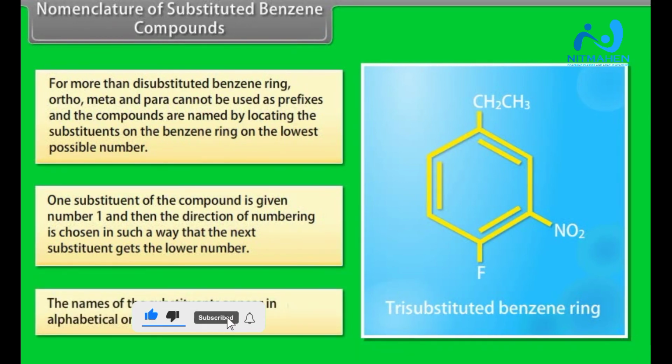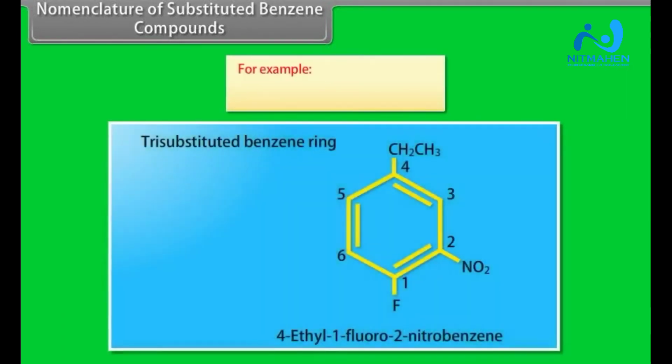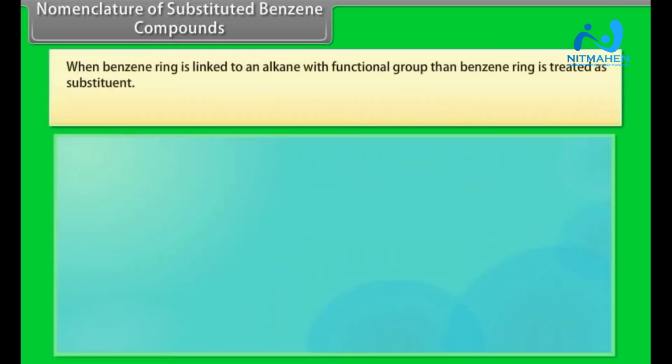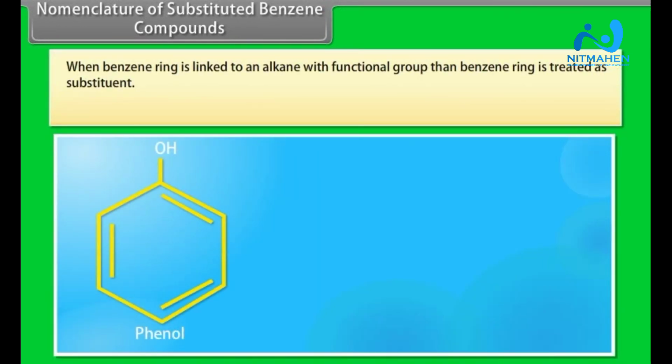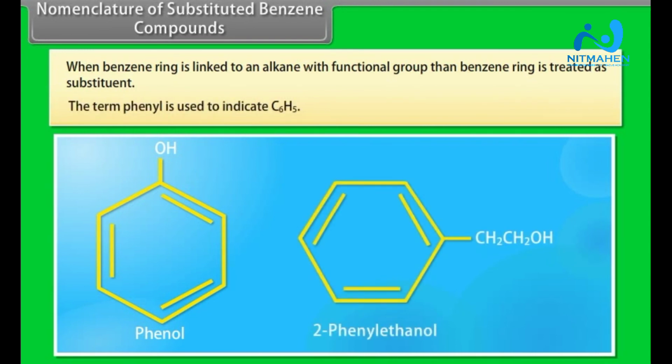The names of the substituents appear in alphabetical order. For example, we assign number 1 to fluorine so that nitro gets 2 and ethyl gets 4. This compound can be named in alphabetical order as 4-ethyl-1-fluoro-2-nitrobenzene. When benzene ring is linked to an alkane with functional group, then the benzene ring is treated as substituent. The term phenyl is used to indicate C6H5.